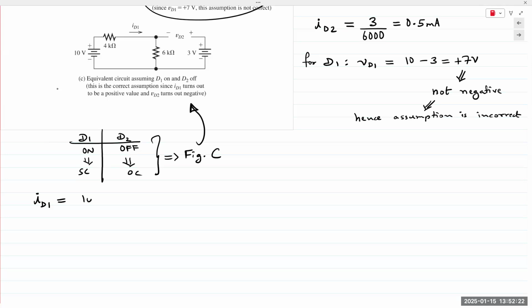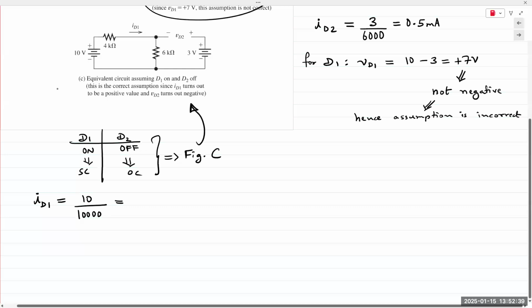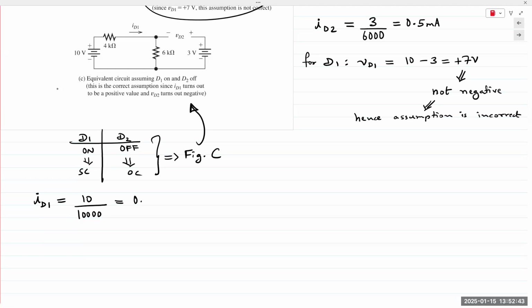This is a series circuit, and the right side of the circuit is disconnected. So we have 10 volts divided by 4K plus 6K, which is 10,000. That gives me 1 milliamp, or 0.001 amp.